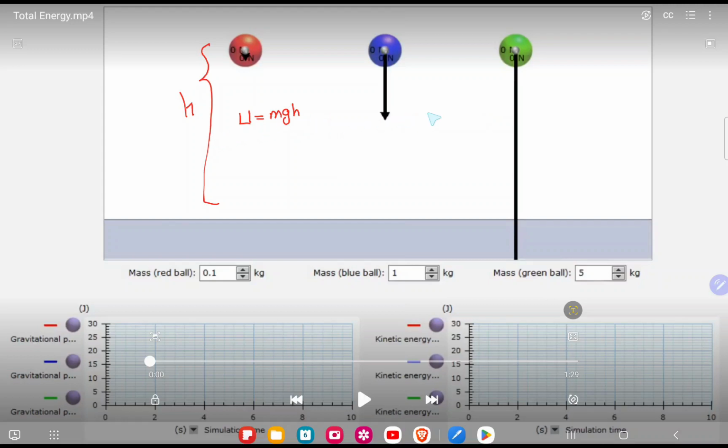Since they all have the same height, the only crucial parameter here is the mass of the object. Now let's see, the potential energy in this case is the maximum. So let's start the simulation.